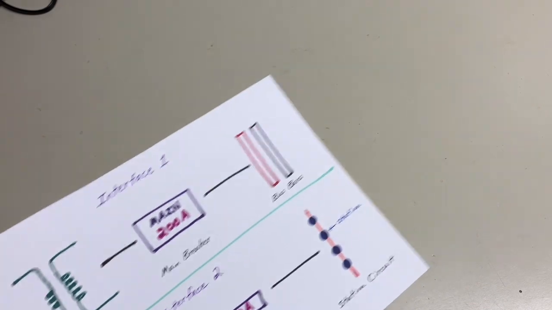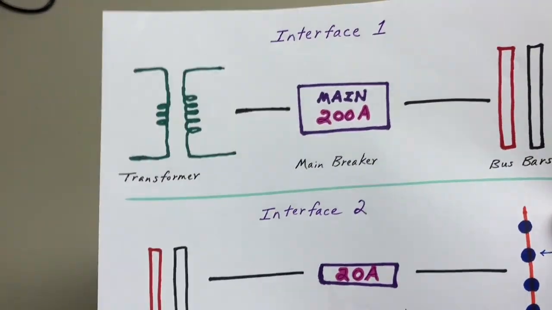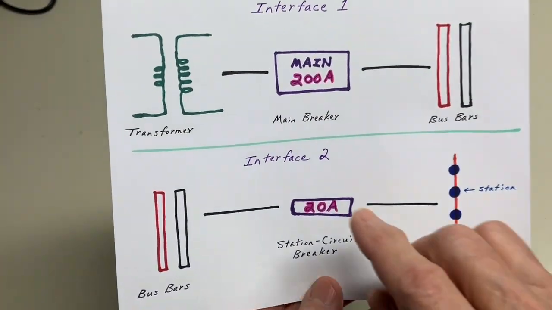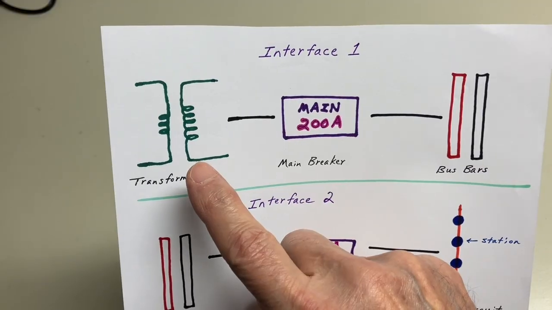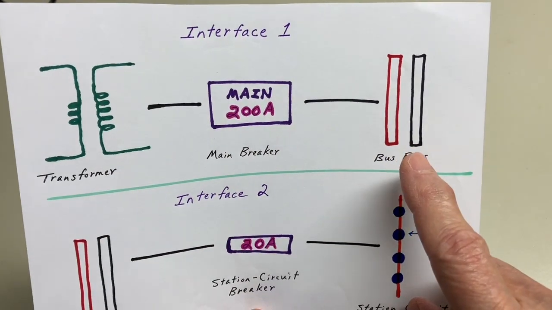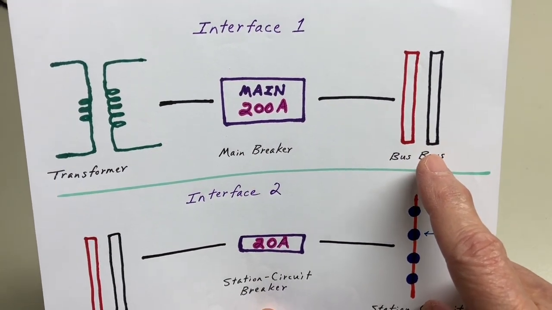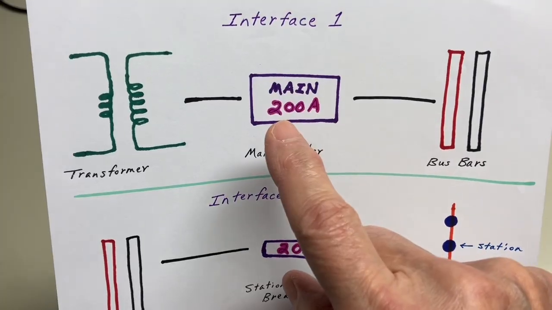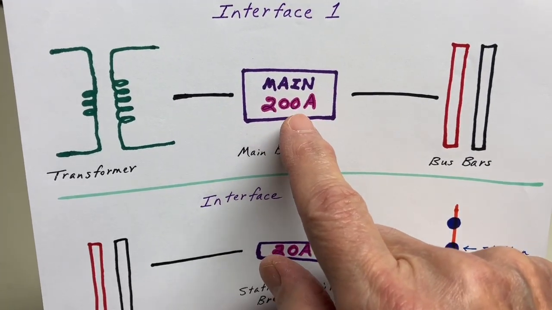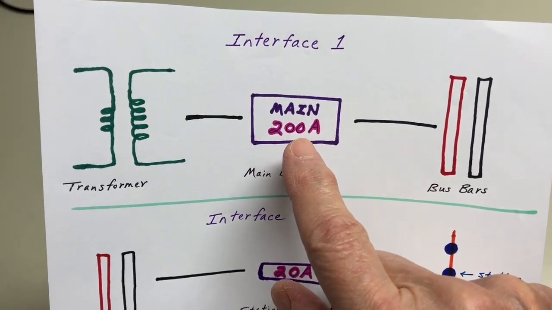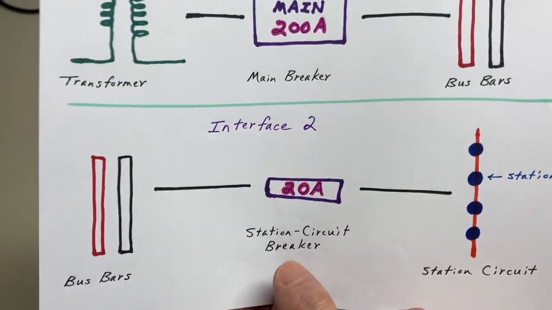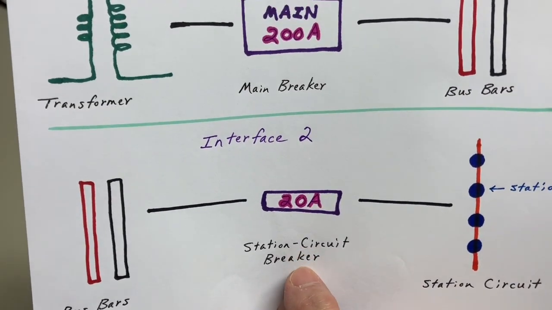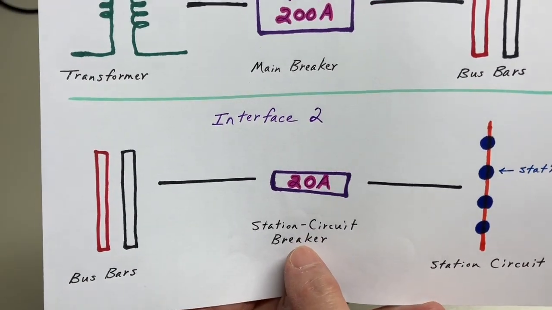That would look like this. This is a primitive drawing. You have a transformer and the bus bars in your service entrance panel. And the interface is your main breaker. That's interface number 1. And interface number 2 would be your station circuit breaker, or you would call it your branch circuit breaker.